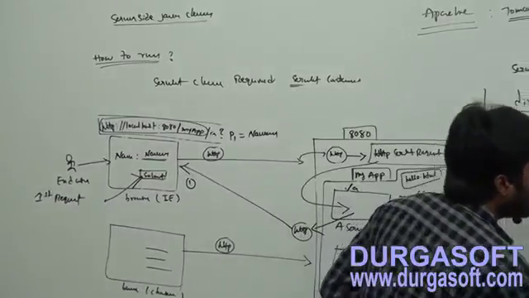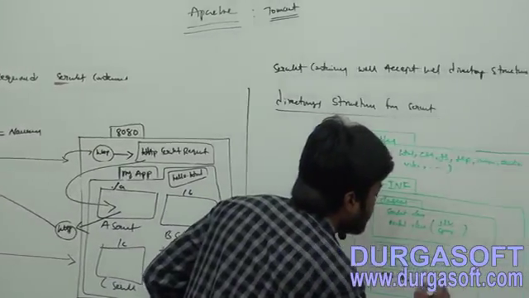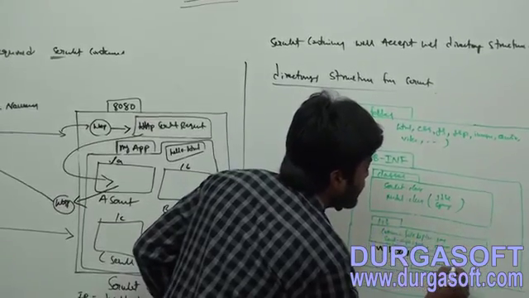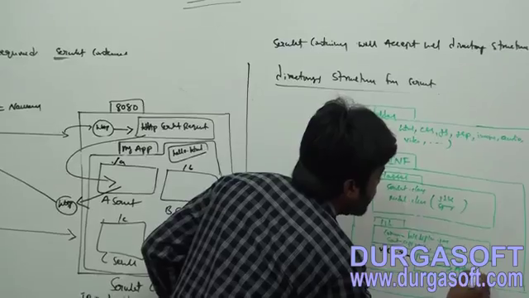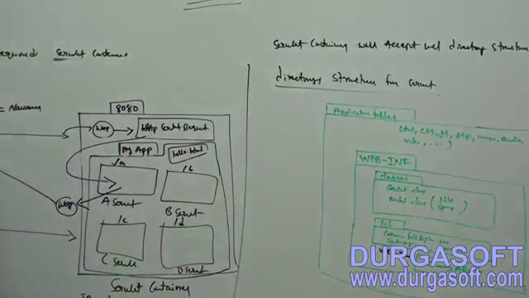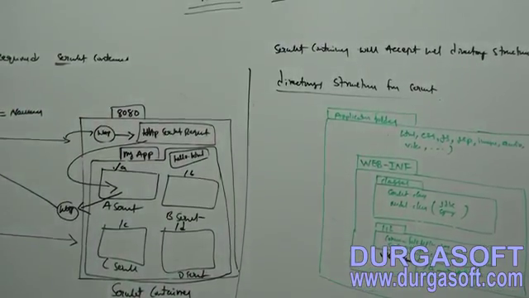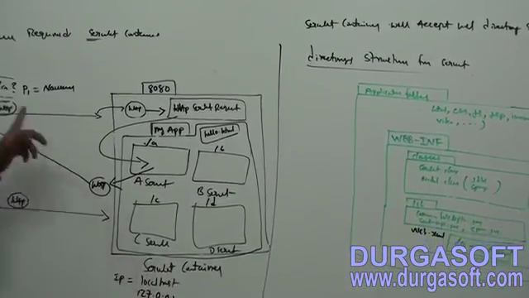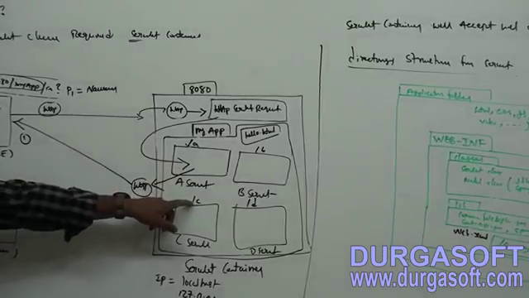Whenever the request is for A, I want to execute a servlet. That mapping information you need to keep under the web.xml file. By reading that web.xml file, your servlet container will understand for which form, which servlet needs to execute.